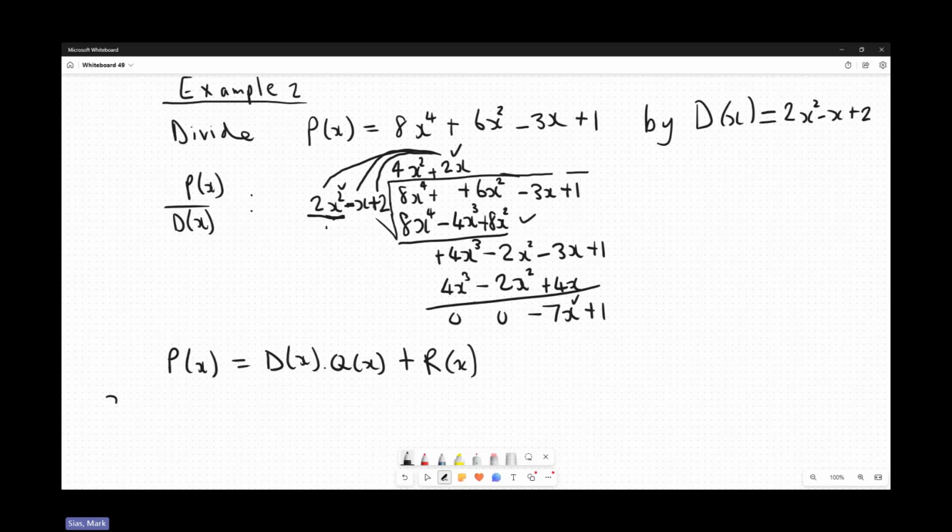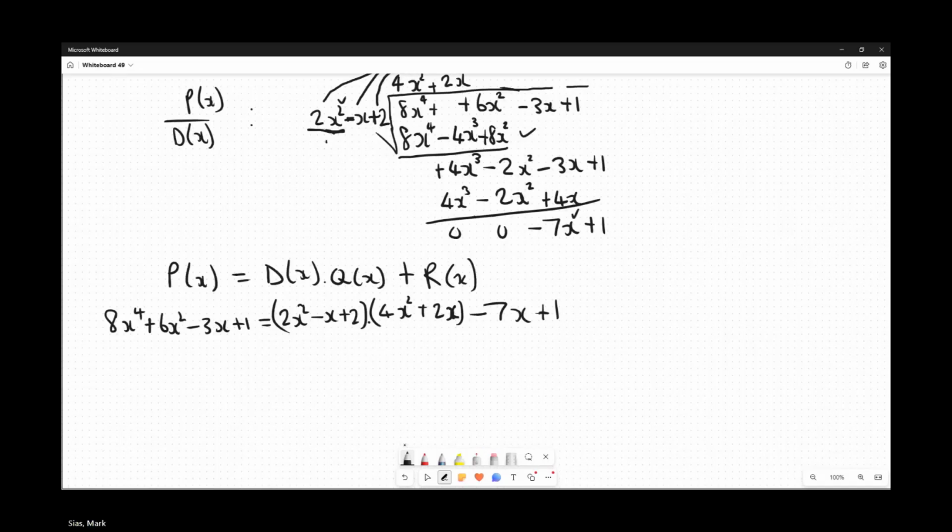I will write it as follows: 8x to the 4, that's the dividend or the polynomial function that's in the numerator that I was dividing into, 6x squared minus 3x plus 1, and my divisor function was 2x squared minus x plus 2, and that was multiplied by my quotient, which was on top there, 4x squared plus 2x, and my remainder, well, it's just minus 7x plus 1. There it is.